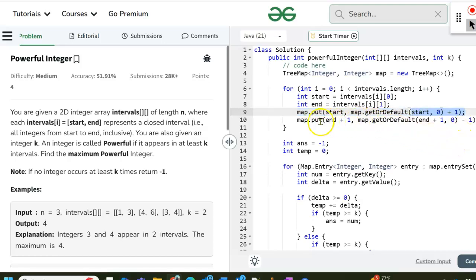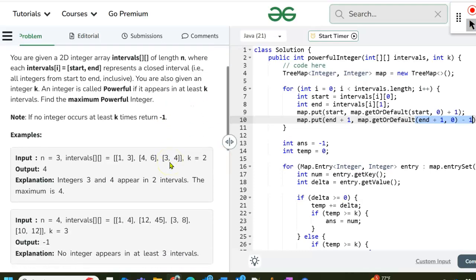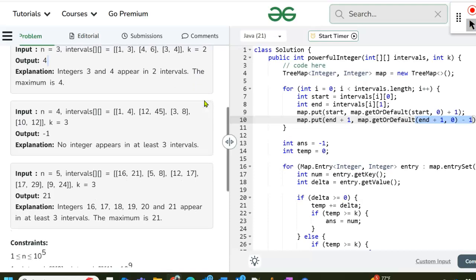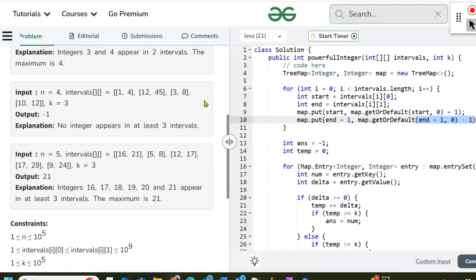Every time we see a number as the end of an interval, we're going to decrement the following number by 1. So let's see if we can set that up with example number 3.